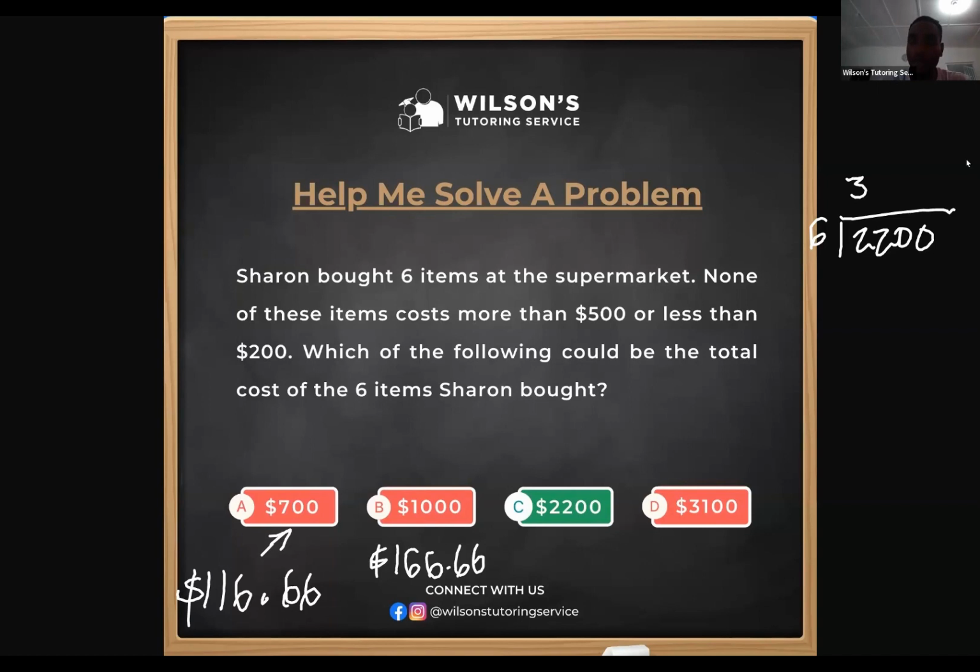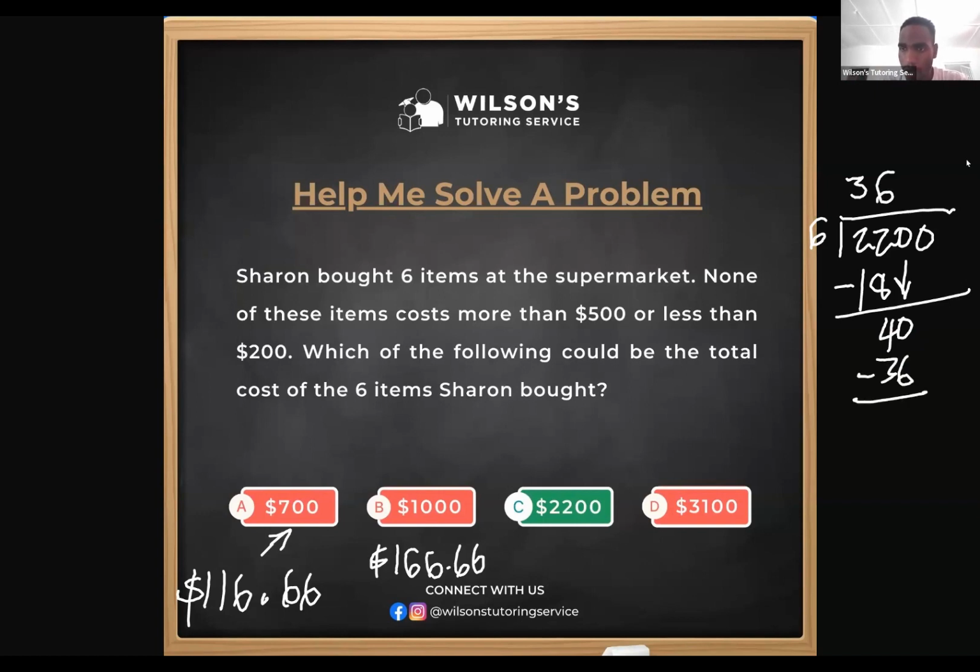And 6 times 3 would give me how many? 18. Now, I'm gonna be left with 4. So I'm gonna bring this down. 6 into 40 goes how many times? 6 times. All right, cool. So 6 into 40 goes 6 times, 6 sixes give me 36. And then I'm gonna have 4 left.